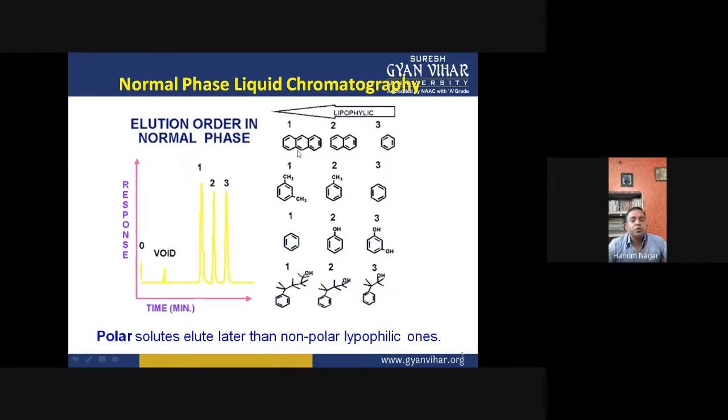The most non-polar compound will interact strongly with the mobile phase, because the mobile phase used in normal phase HPLC is non-polar. So it will elute fast because it is interacting with the moving phase.